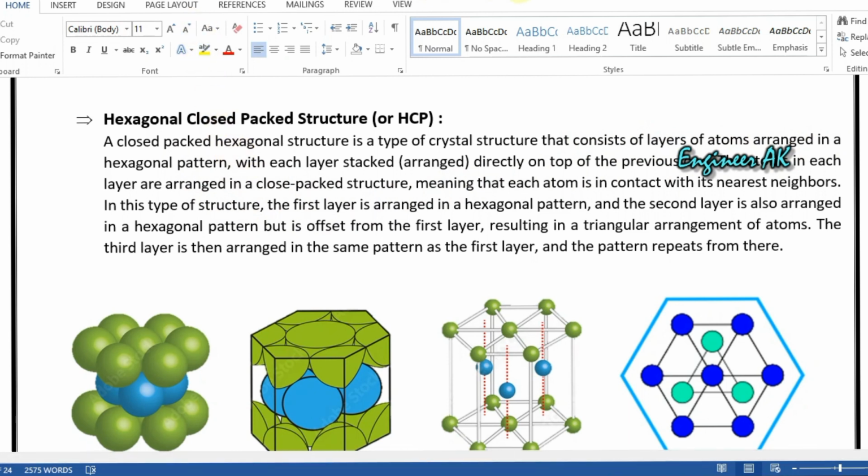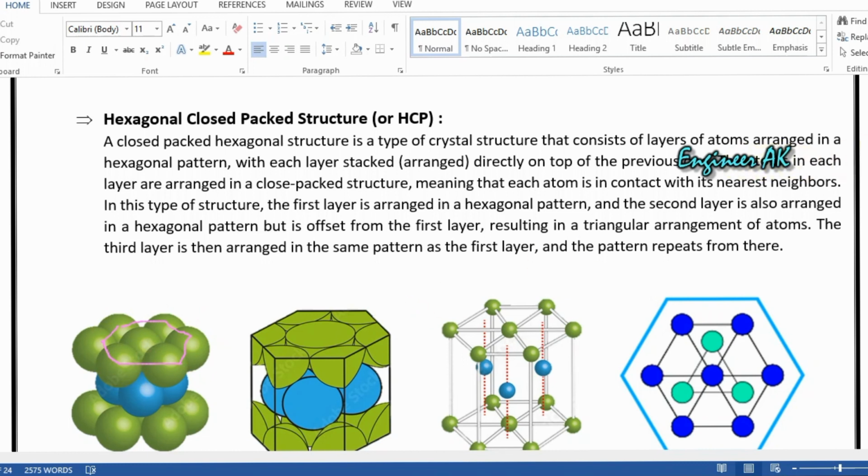So if we see this third diagram, or the first diagram, it is arranged something like that, right? So it is making a hexagonal kind of structure.